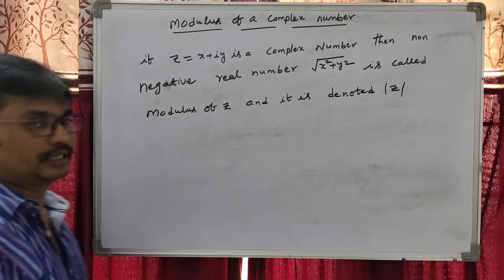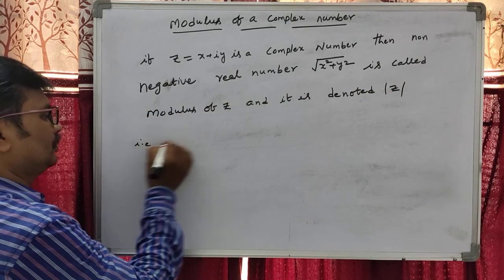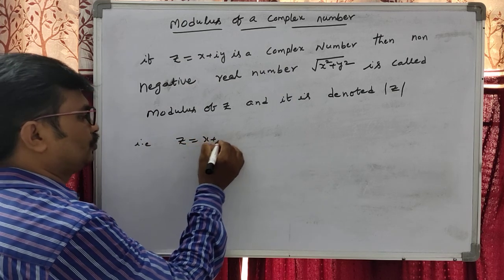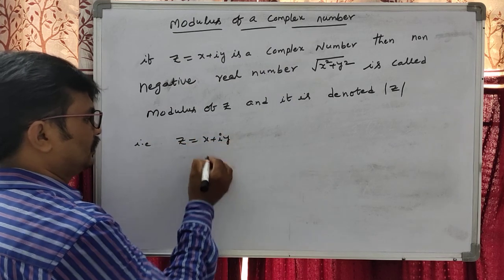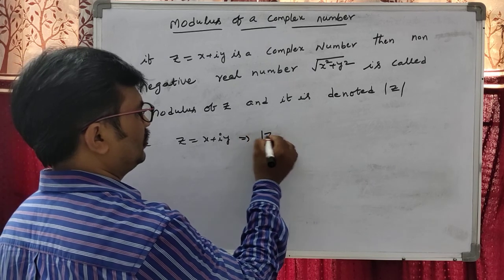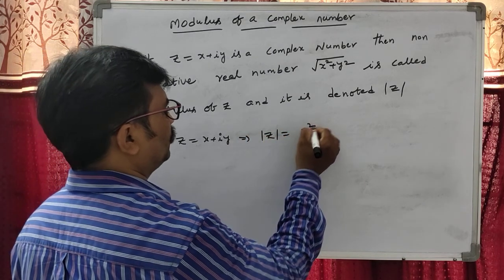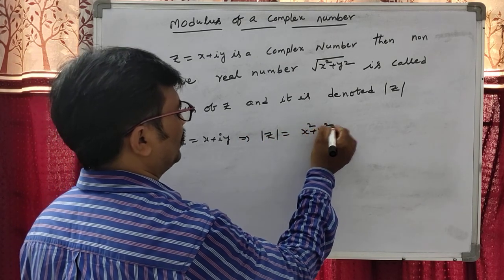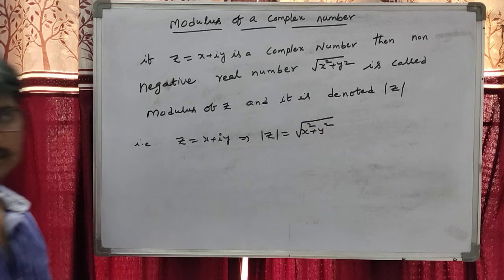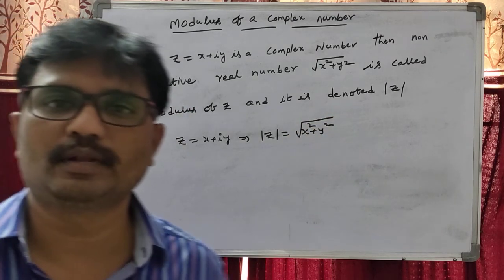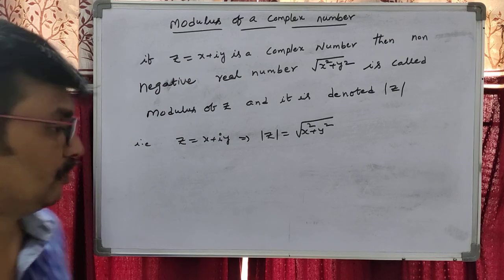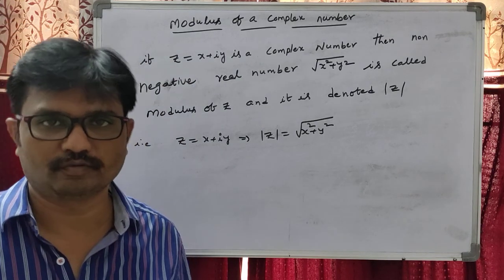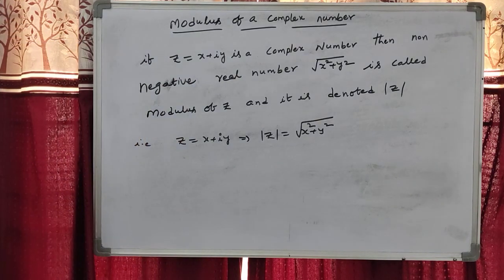Okay, students, that is, z equals x plus iy implies mod z equals root of x square plus y square. Do you understand, students? If z equals x plus iy, then mod z equals root of x square plus y square.